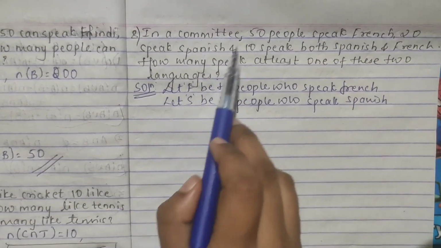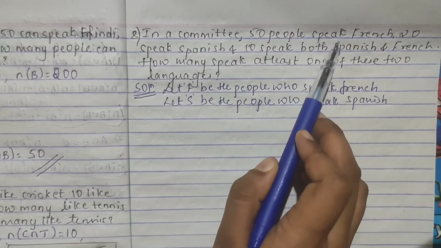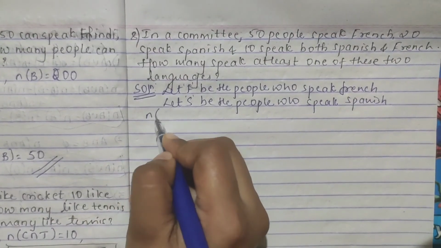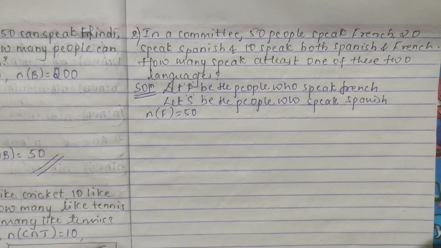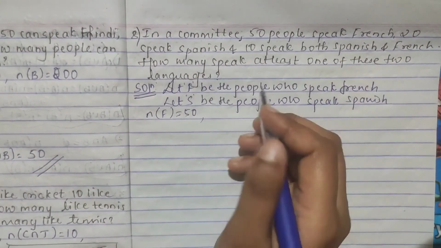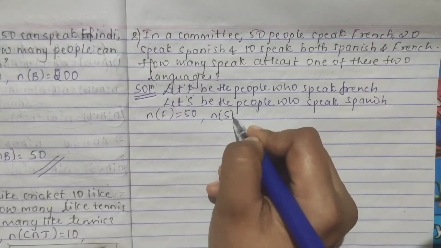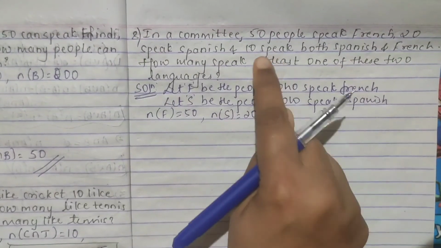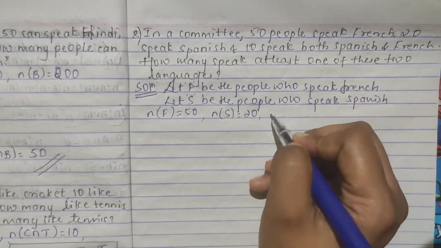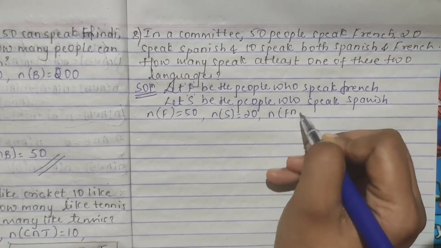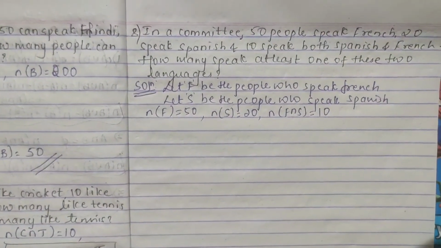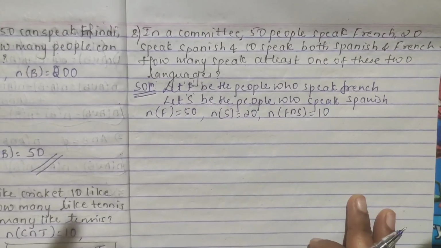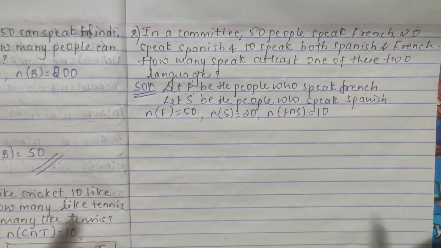Okay, what they are telling, 50 people speak French, so N of F is equal to how much? 50. And 20 people speak Spanish, means N of S is equal to 20. 10 people speak both, means N of F intersection S is equal to how much? 10. So they are telling both speak Spanish and French.